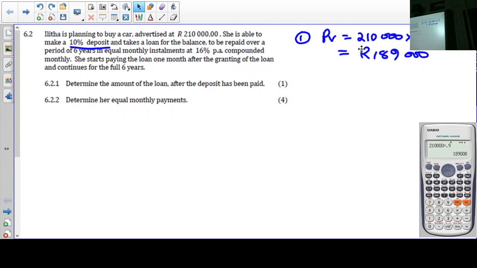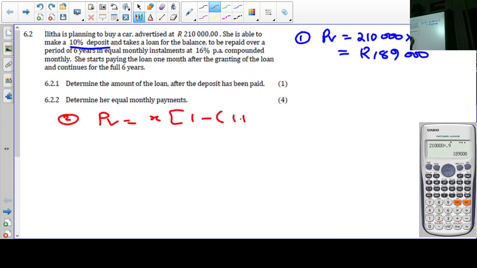In number 2, we are told then determine equal monthly payments. So that follows a formula. PV is equal to X into 1 minus 1 plus I to the minus N over I. Okay.